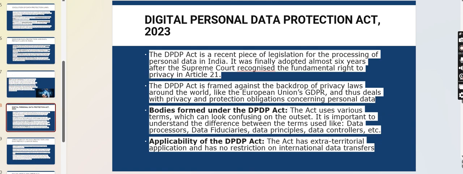Now, the Digital Personal Data Protection Act, 2023. So what is this? This is an act which regulates the protection and privacy of data of all individuals. It was basically made to protect a person's privacy, framed against the backdrop of privacy laws.